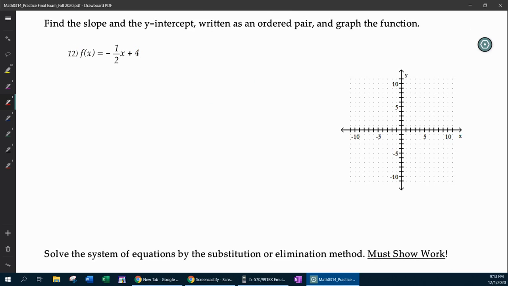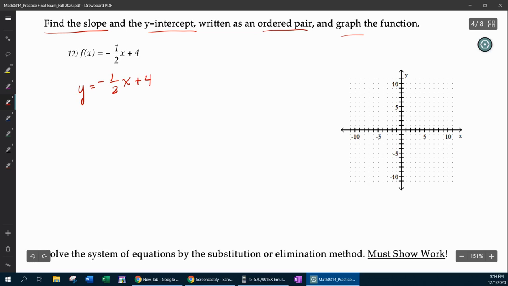Number 12, find the slope. So I'm going to have to find the slope and the y-intercept as an ordered pair and then sketch the graph. Okay, super easy because this is a function. And since it's a function, I know that f of x means y. Notice that since y is by itself, this is slope-intercept form.